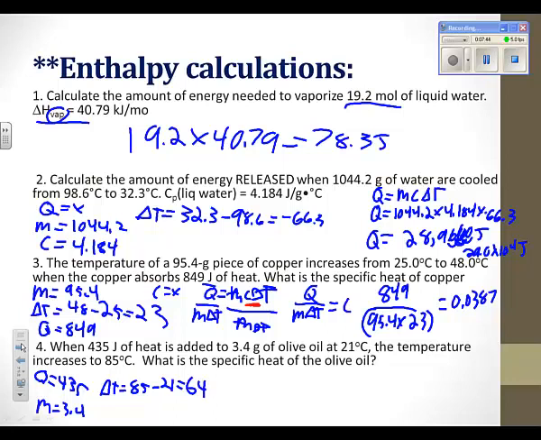And then you're looking for the C. So it's going to end up being the same equation. Q over m delta T equals C. And the same way we did last time, just plug everything in. 435 divided by 3.4 times 64. Use parentheses appropriately. And you get 2.0. So that's pretty easy math. We'll get into more easy stuff next video.